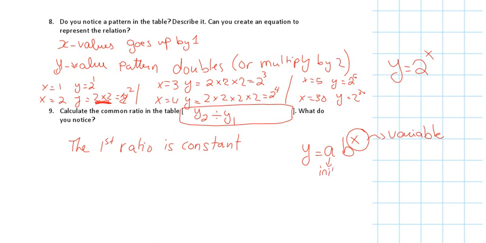I feel like I'm spelling this wrong, even though I write it 500 times in a day. B is your base, and that represents your ratio. Okay? My initial value here was 1. So I don't have to write 1 because 1 is invisible. Okay?